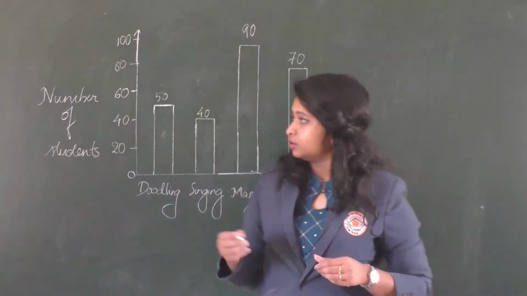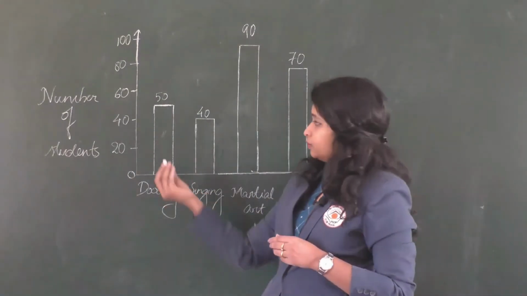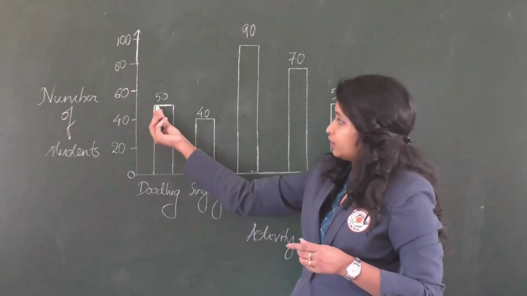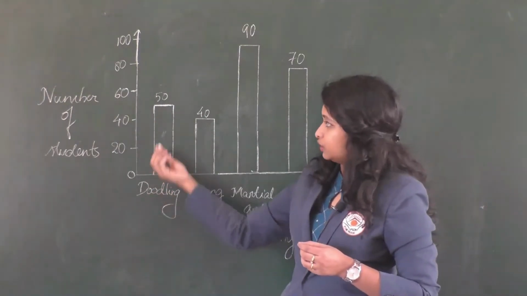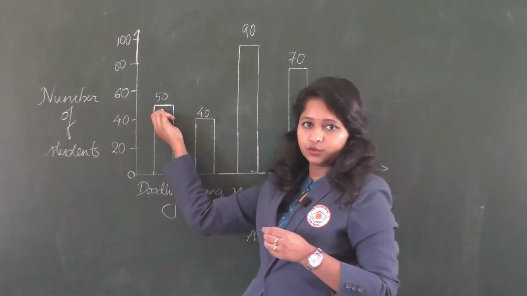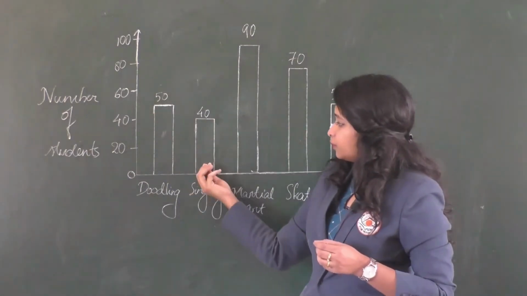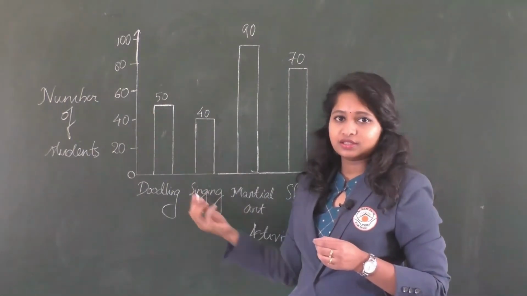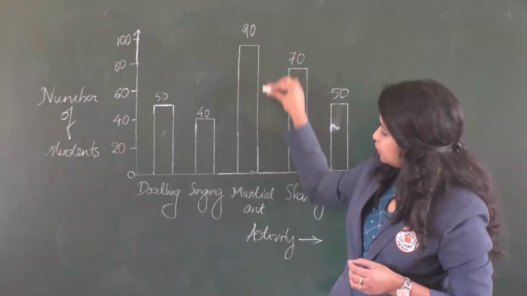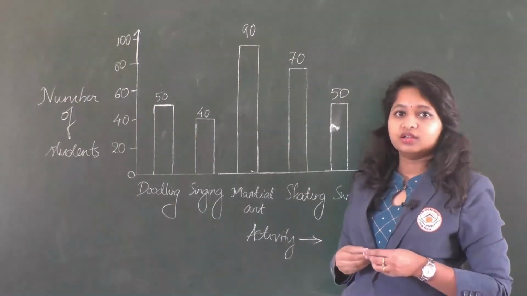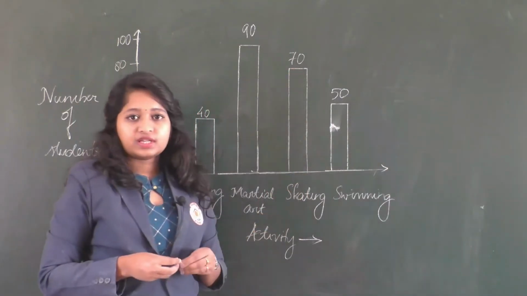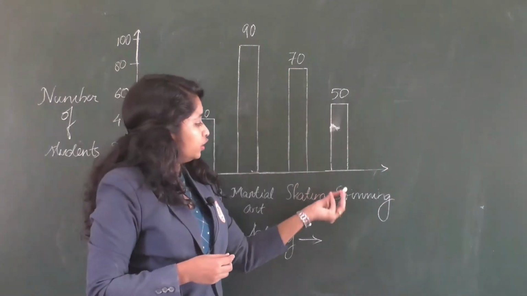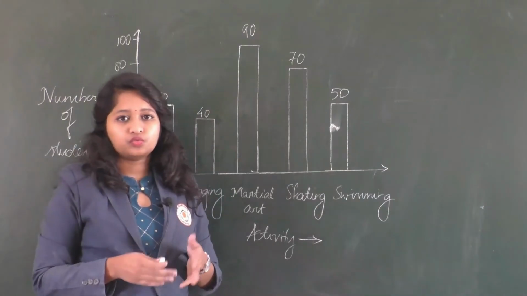From these bars you can understand how many students like doodling. 50 students like doodling, and 40 students like singing. 90 students like martial arts. 70 students like skating and 50 students like swimming.